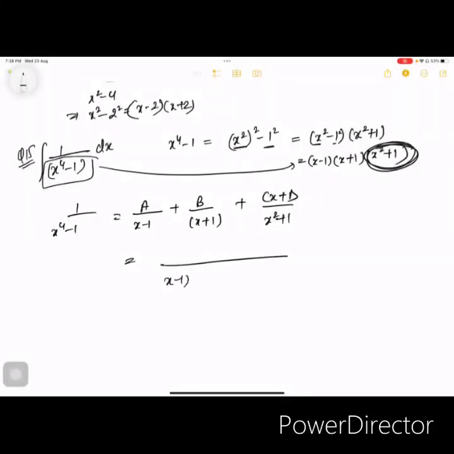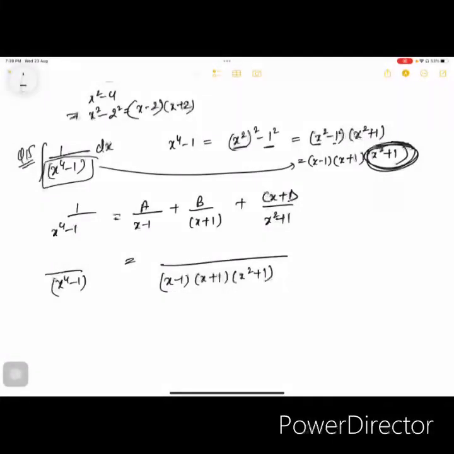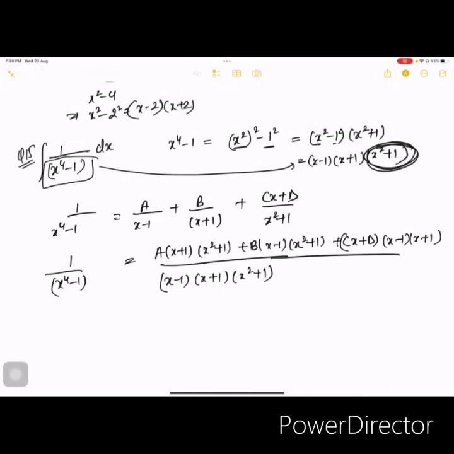Okay, now some students will get confused that after taking LCM, it is a(x plus 1)(x square plus 1), b(x minus 1)(x square plus 1), (cx plus d)(x minus 1)(x plus 1). They will say that this is a different part, this is a different one.